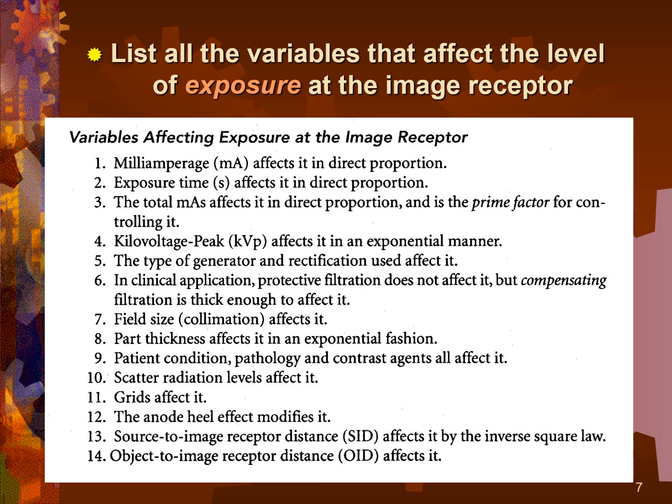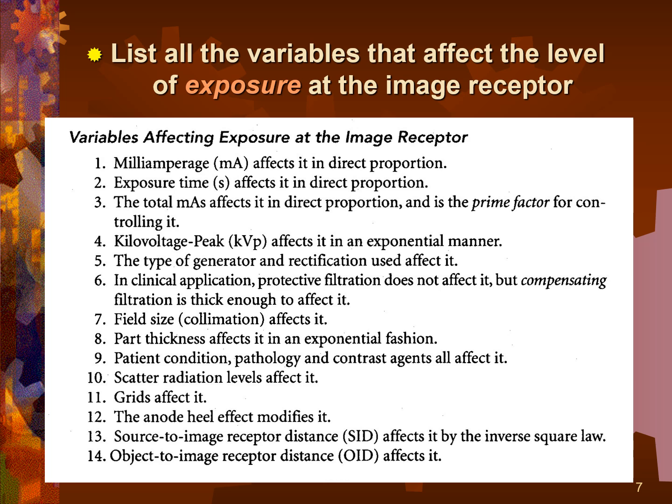kVp affects it in an exponential manner, as displayed by the 15% rule. Type of generator and rectifier used affect it. Okay, so your more efficient generators, remember, less ripple, more constant voltage, and so an increase in generator efficiency is the equivalent of increasing kVp.